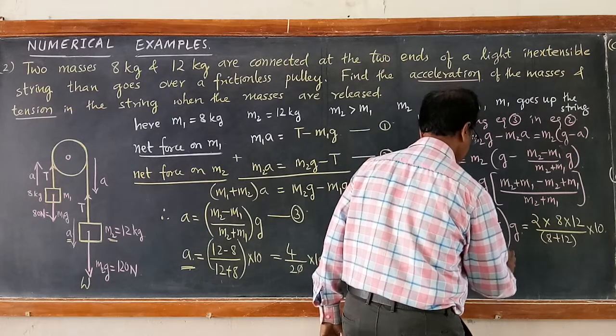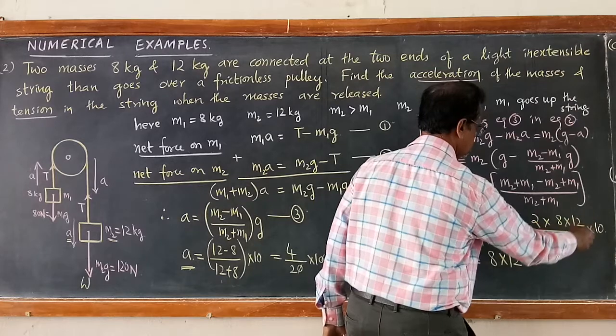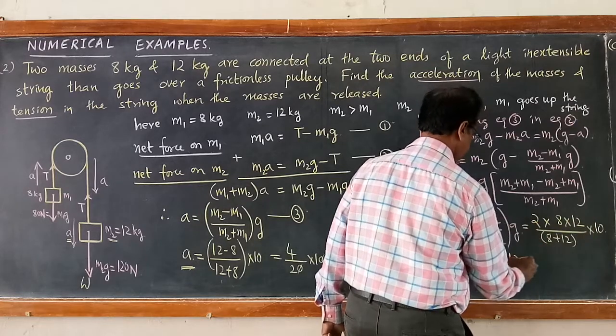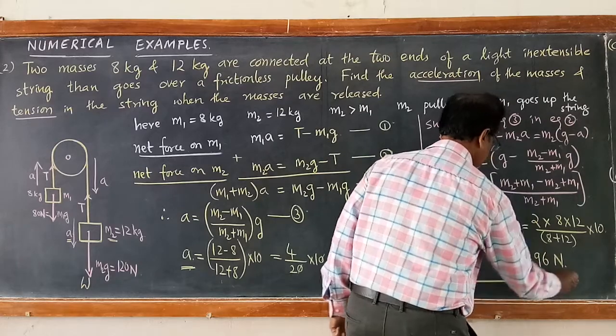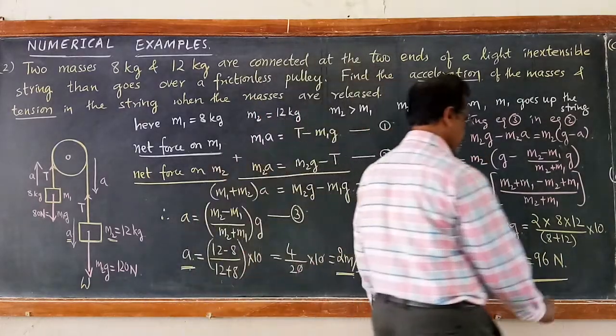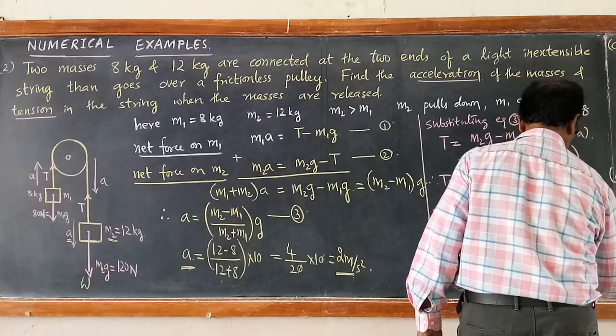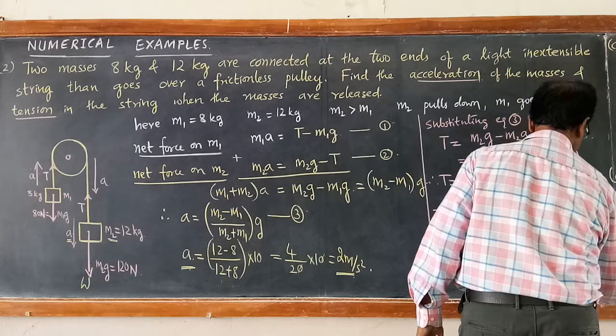Therefore you are left with 8 into 12. So T becomes equal to 12 into 8, which is 96 Newton. So 96 Newton is the tension in the string.